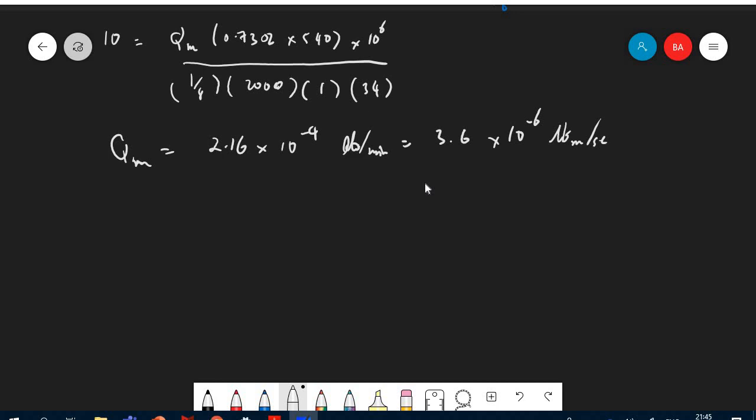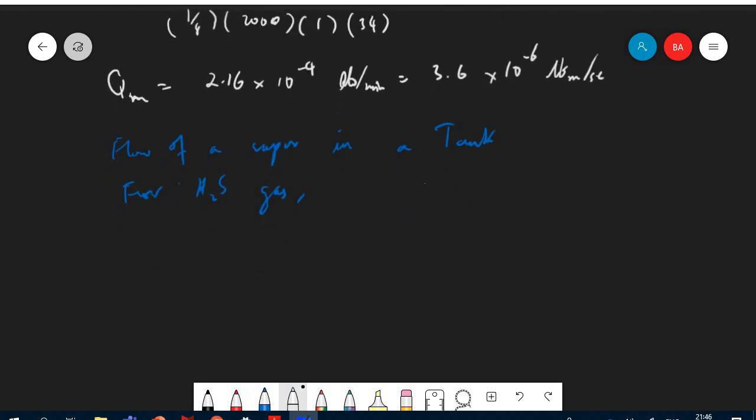And actually, to find the diameter, in this case, we have a gas within a tank. Because I have a flow of a vapor that is leaking from a tank, for the H2S gas, we can find what equation we're going to be using.